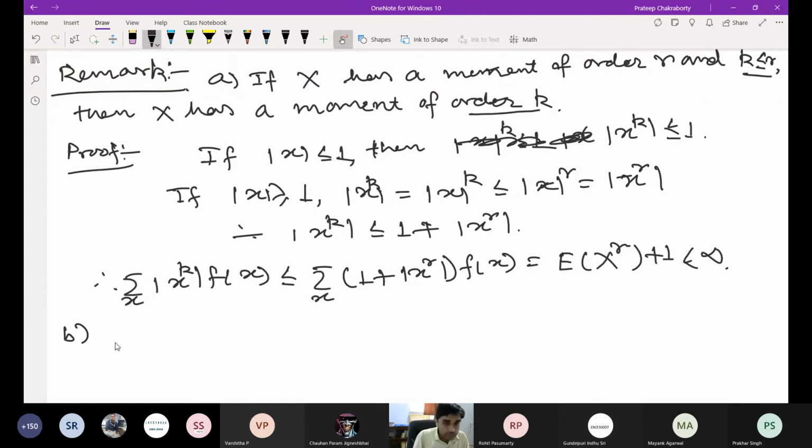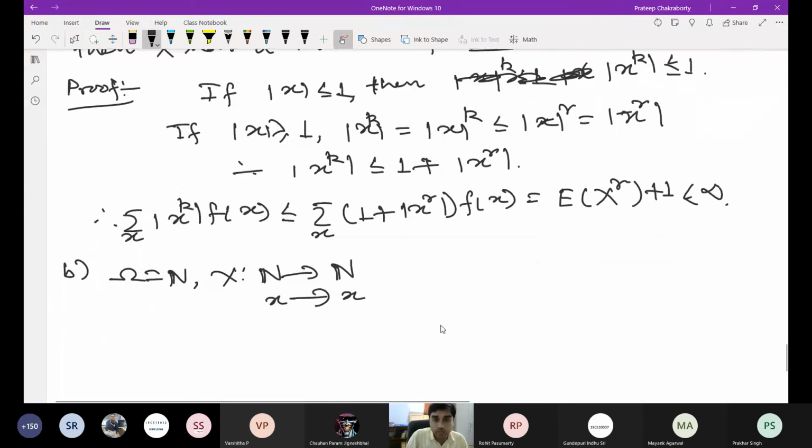So this is a particular example. The sample space is the natural numbers. X is a map from n to n, which is the identity, x goes to x, and the probability mass function is by definition p of X equals x.